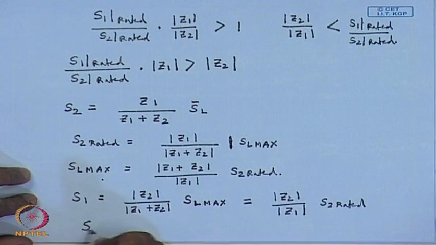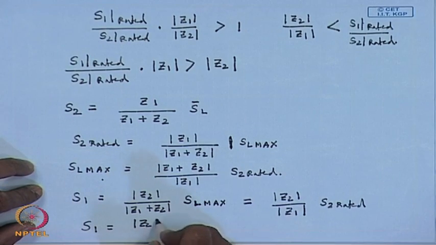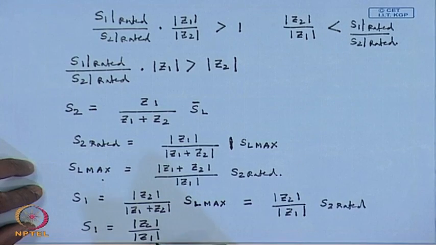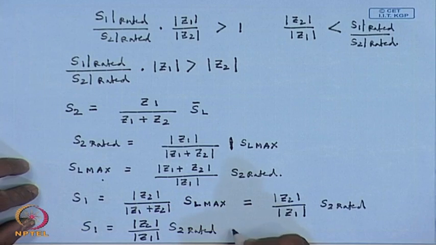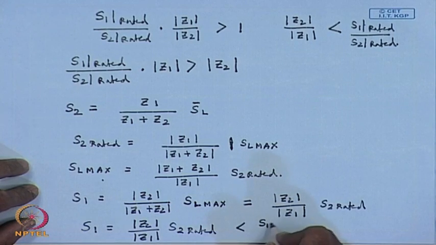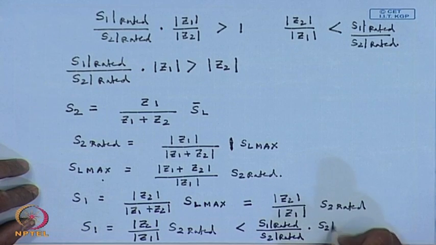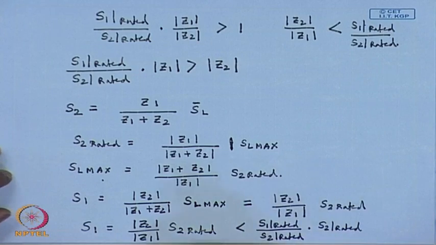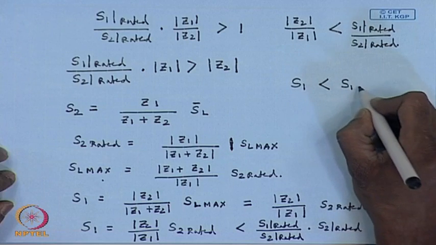Therefore, S1 equal to |Z2| by |Z1| into S2 rated will be less than S1 rated divided by S2 rated into S2 rated, or the conclusion is S1 in that case will be less than S1 rated.